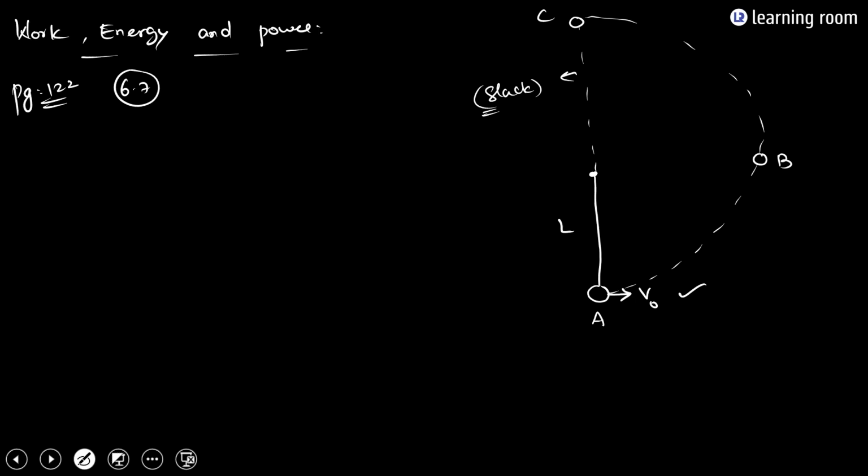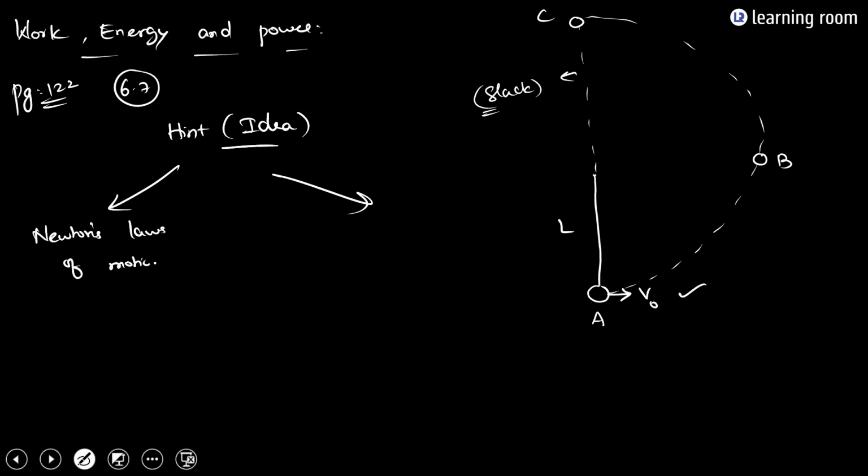For that, we are going to form certain equations. The idea to solve this problem is that we need to apply Newton's laws of motion and the energy conservation theorem.